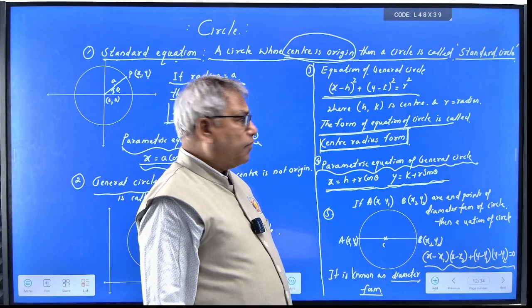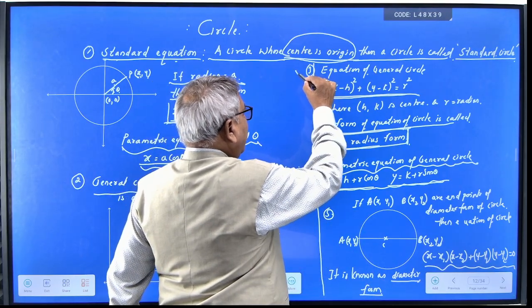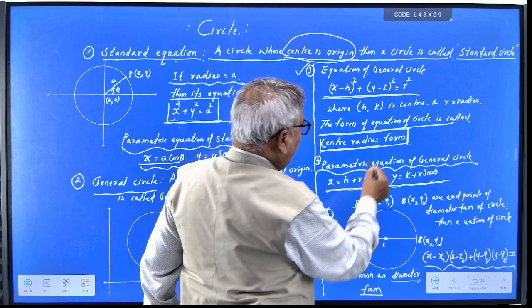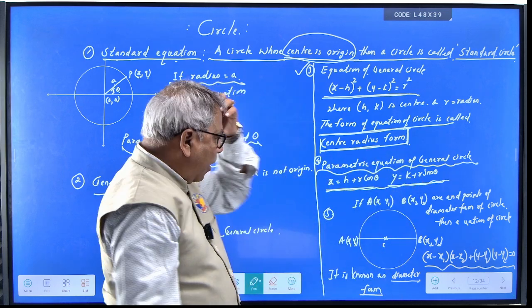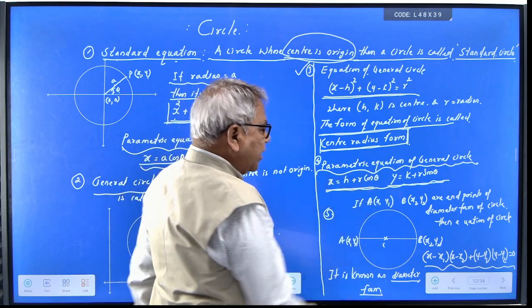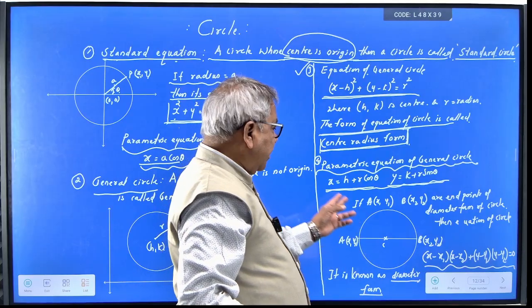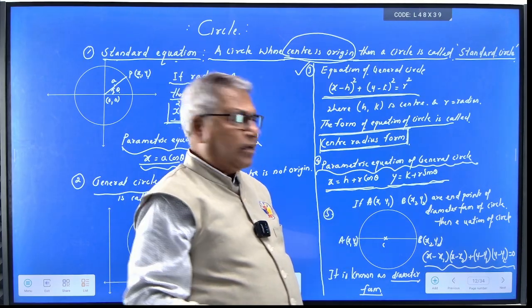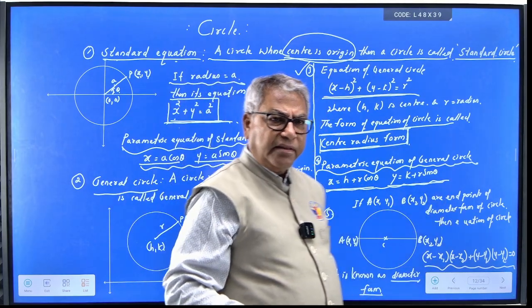Now listen here, another form. So this is one general circle whose form is known as the center-radius form, a very important form. Then the parametric equation is x equals h plus r cos theta and y equals k plus r sin theta.